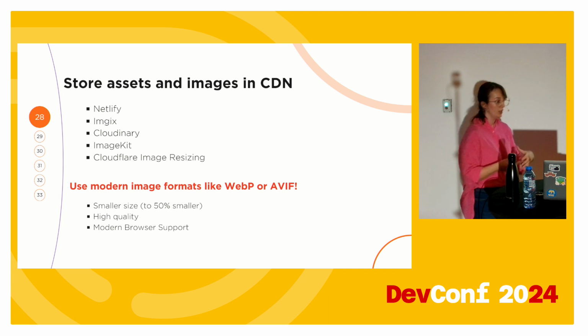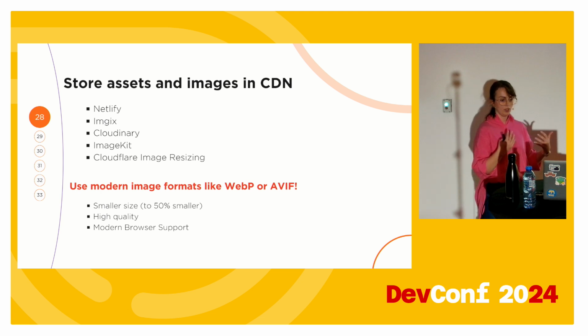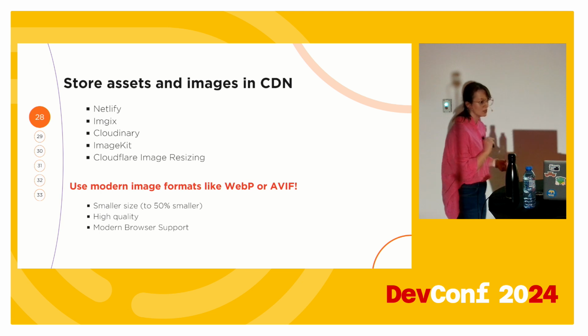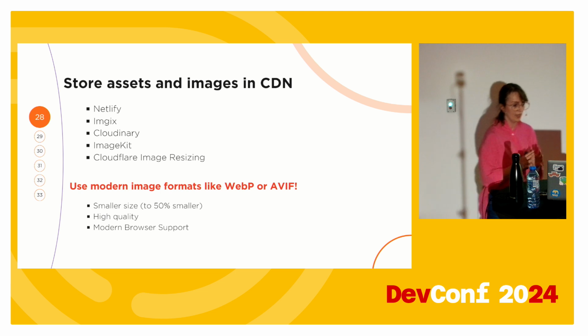For example, we have the WebP format, but our browser is old and doesn't support it. So the CDN sends, for example, JPEG, and it is done automatically. This is super, super cool.